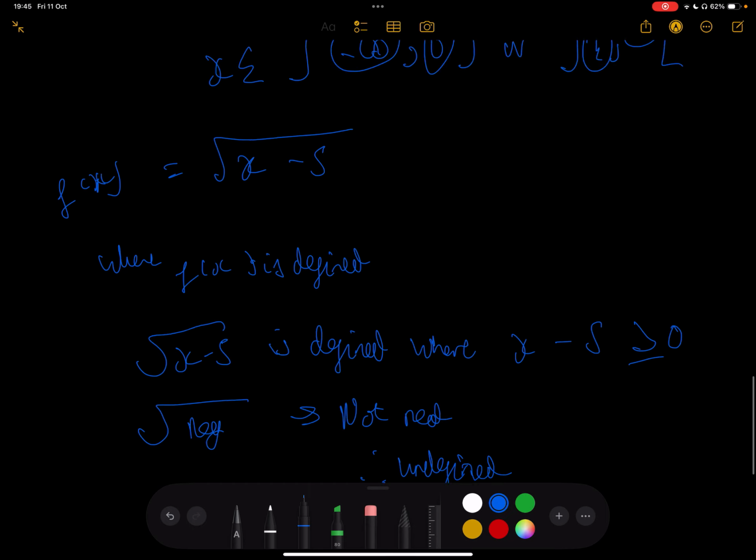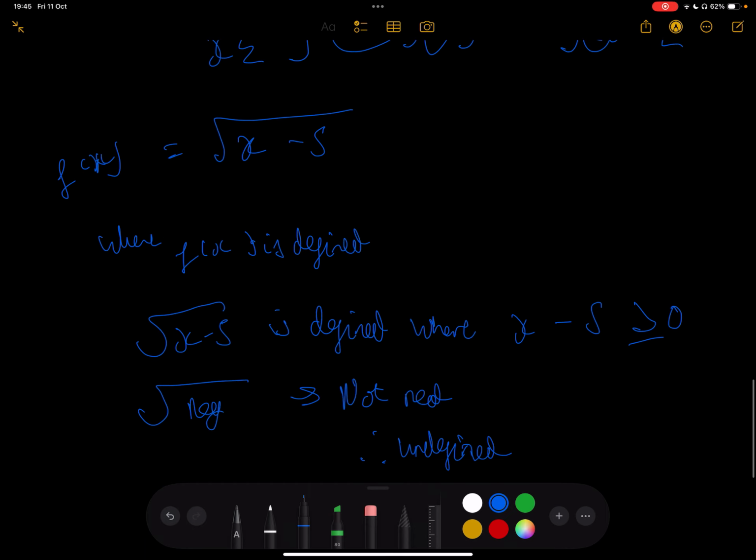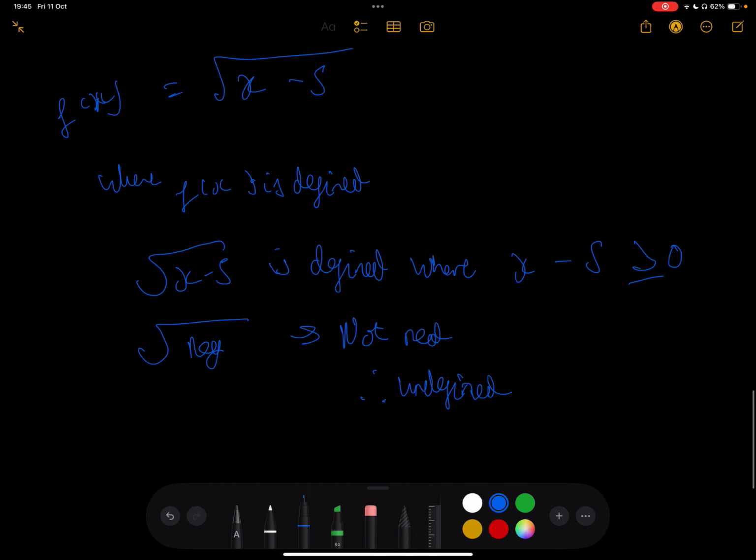As we only have variables x and y, we don't have a real or imaginary axis, so the square root of a negative number will produce a complex, or rather imaginary, number, which means that it's not real. Therefore, we can state that the square root of x minus 5 is defined where x minus 5 is greater than or equal to 0.